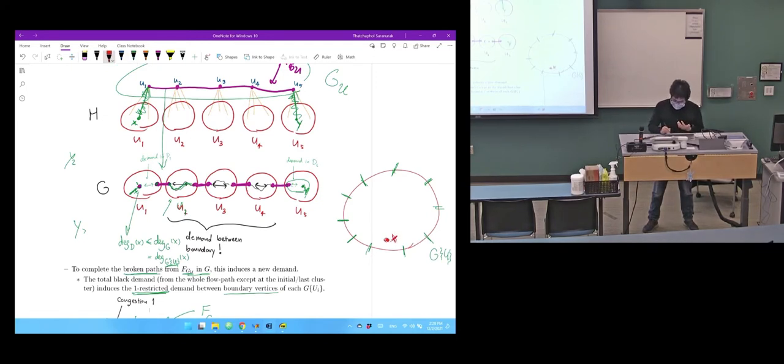The total demand that X wants to send for green demand like this, X is going to want to send demand, but this in total is going to be at most the degree of X in this graph, right? You agree with this, right?